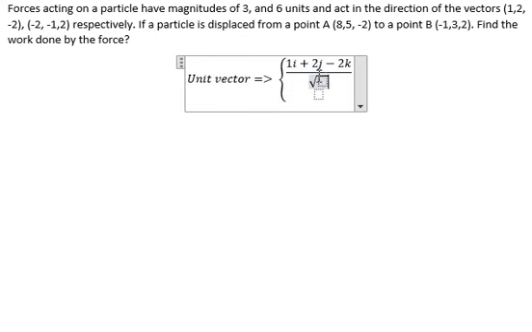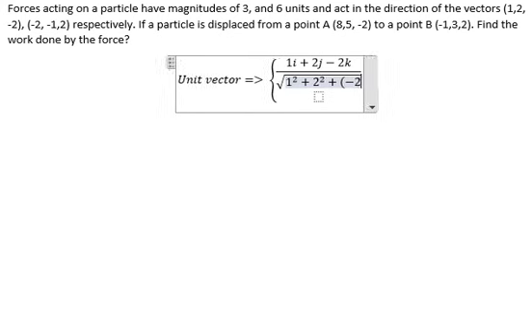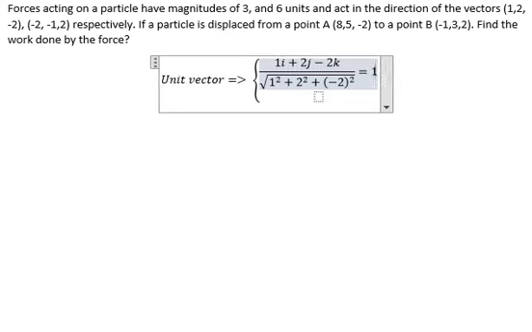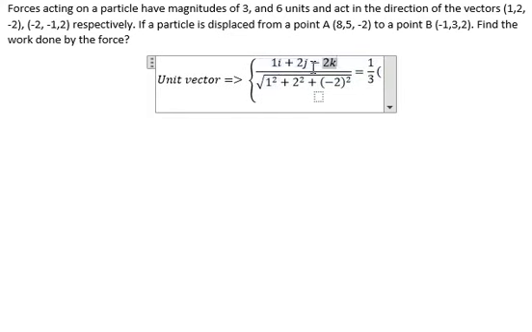So we have 1 power 2 plus 2 power 2 plus (-2) power 2, and we got 1 over 3, and we put this in the bracket.